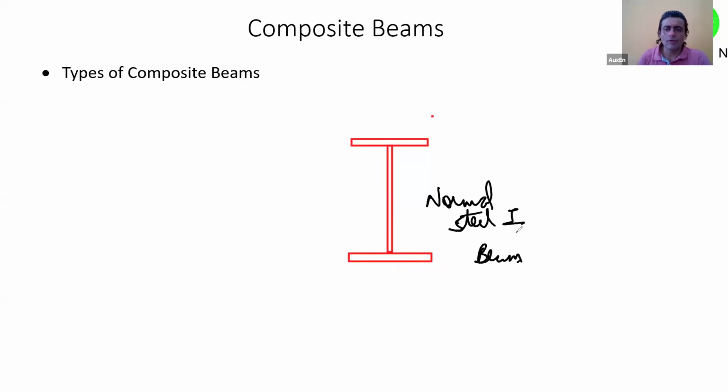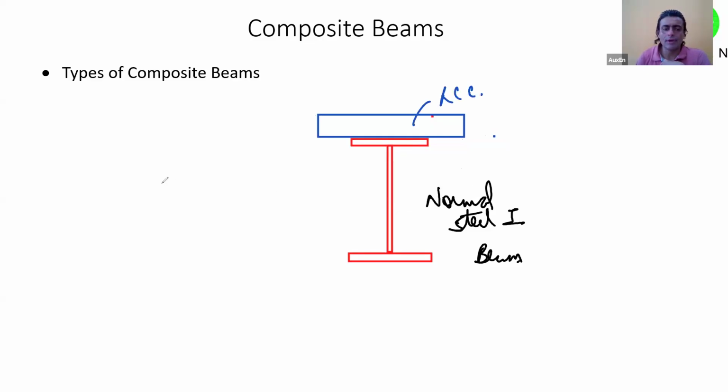Now if I were to put a slab, an RCC element, on top of it, let's call this an RCC slab.